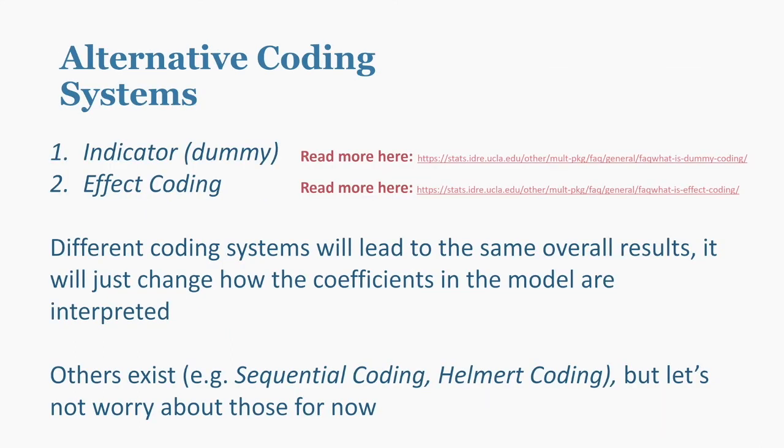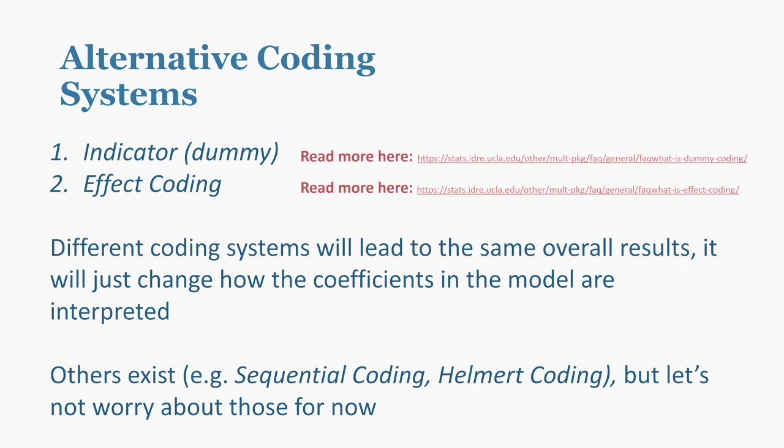Okay, so thus far we've talked about dummy or indicator coding, but it's important to note that there are alternative coding systems. I mentioned before that ANOVA uses effect coding, and there are even other varieties such as sequential or Helmert coding. But we really don't need to go into them right now.